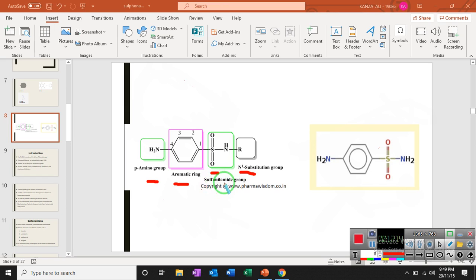In sulfonylamide, we have an amino group substituted on the aromatic ring. The other group is the sulfonamide group, SO2NH2, which is substituted at the para position of this aniline.